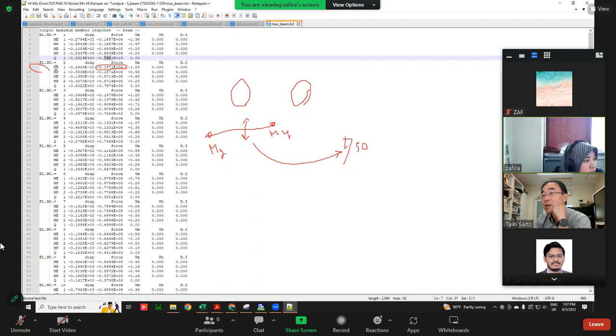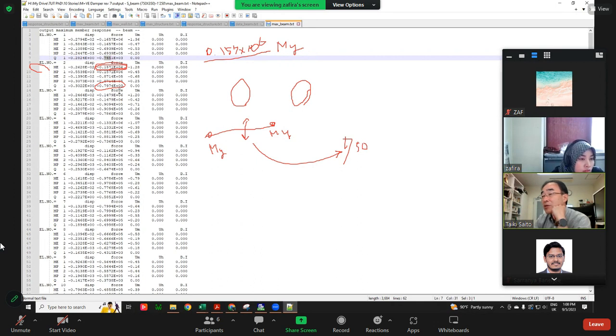This is My; the one here is Q. It is almost 797, and the moment at that time is 0.157 multiplied by 6. So this is My.